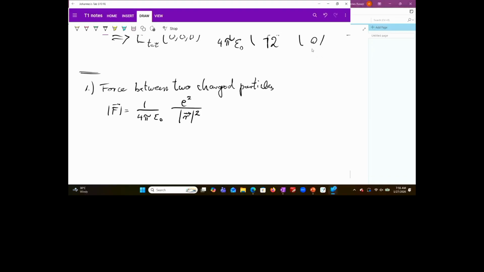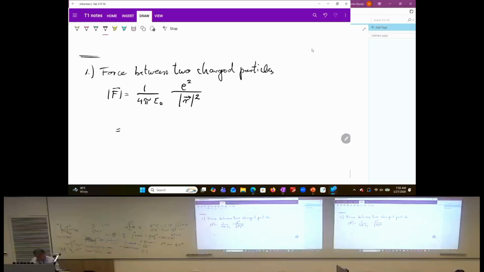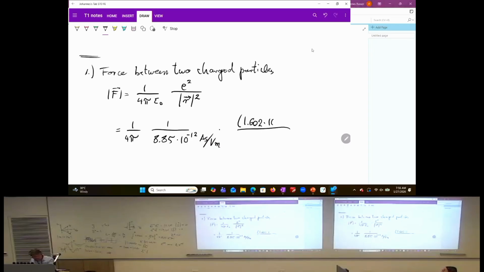So then we just have to insert all of that. We have 1 over 4 pi, our epsilon here is 8.85 times 10 to the minus 12 ampere second per voltmeter. And the whole thing is then multiplied by the elementary charge squared, 1.602 times 10 to the minus 19 squared.